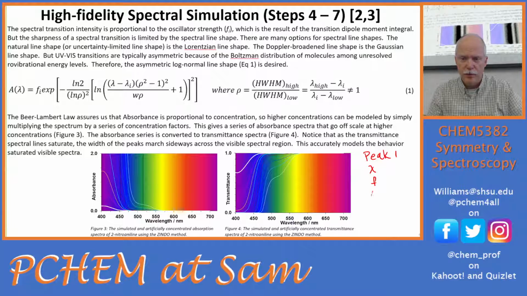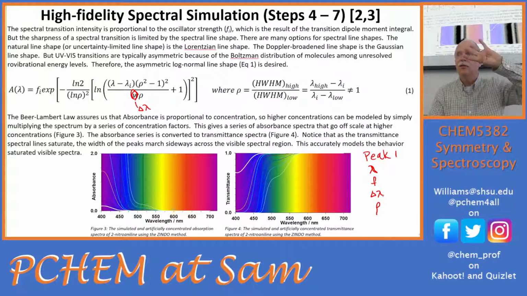Then you have this delta lambda, which I think is given here as W. That's delta lambda, that's the width, times that asymmetry parameter, and then this asymmetry parameter, rho. So you have those 4 pieces. You have the wavelength of the transition, which comes from Gaussian. You have the oscillator strength. You have this delta lambda, and this rho.